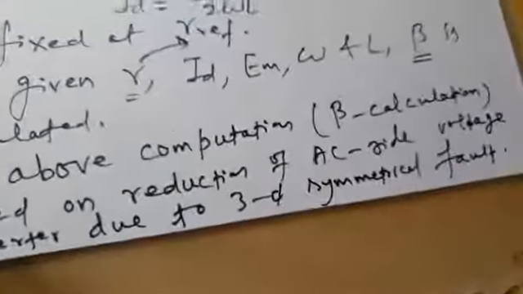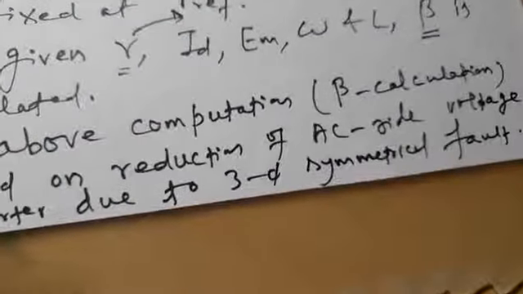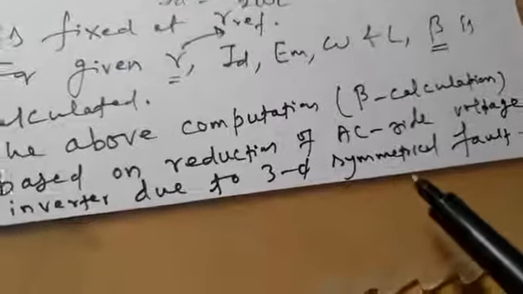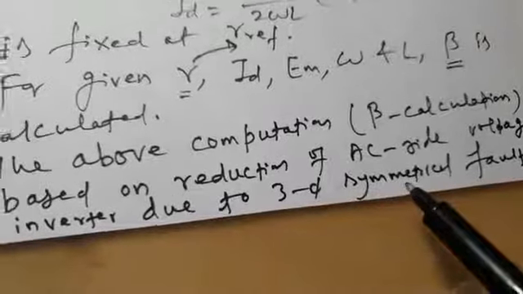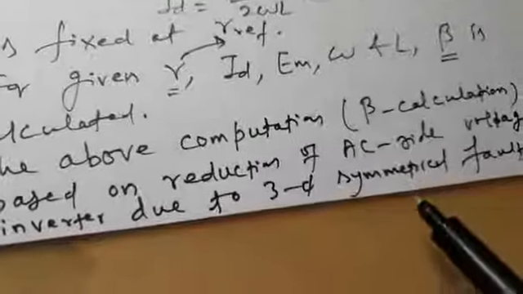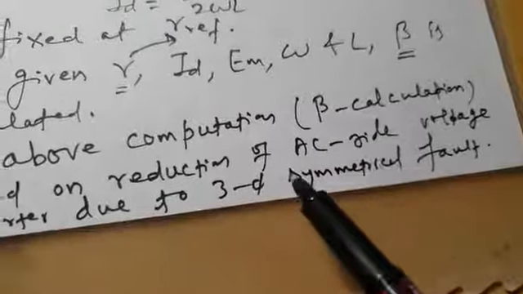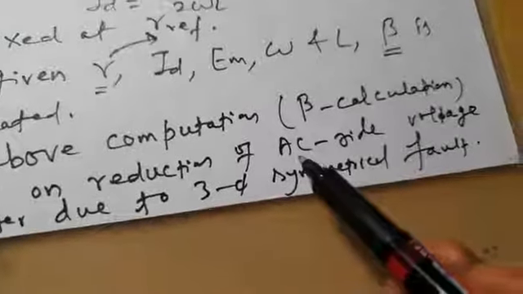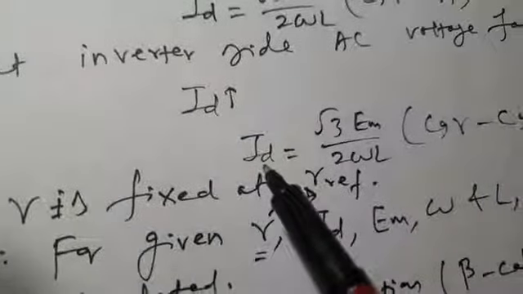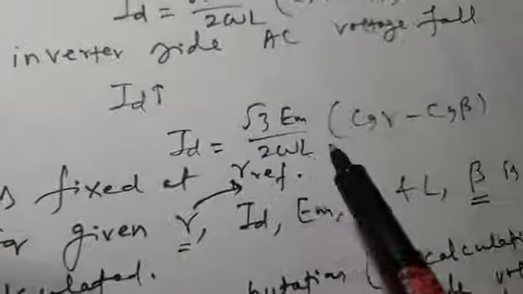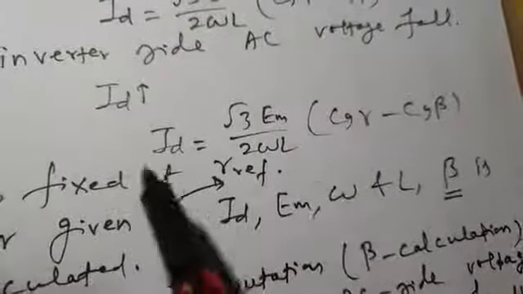Let us suppose a symmetrical fault has taken place on the AC side of the inverter, maybe a temporary short circuit, because of which all three phases have experienced a similar drop in voltage. That is called a symmetrical fault. Because of the similar drop in the voltage of all three phases, that is the drop in the AC side voltage, ID increases, and then what will your control algorithm do?